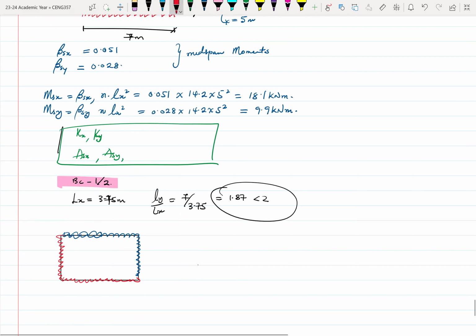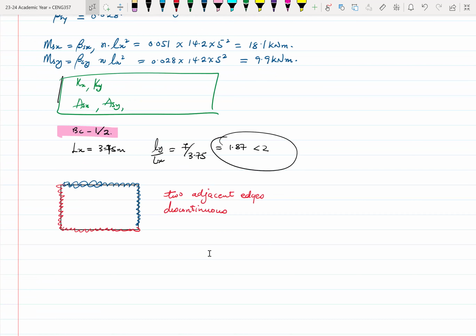So I can say two adjacent edges discontinuous. Again, that would inform us as to what to do with the information from the table.